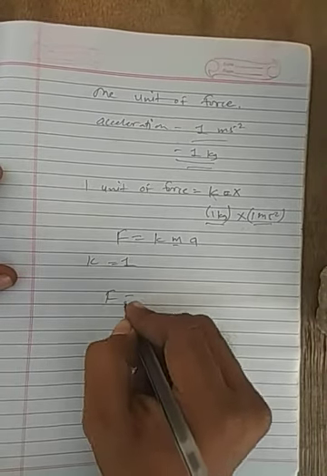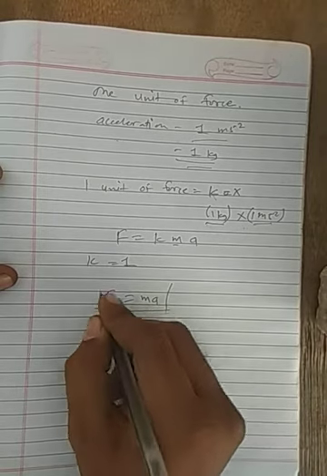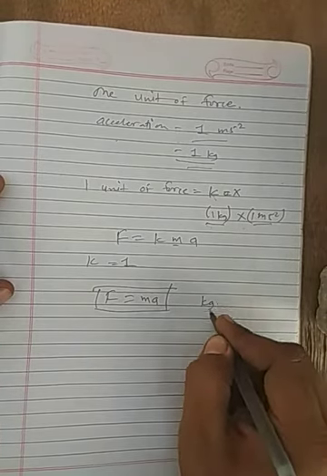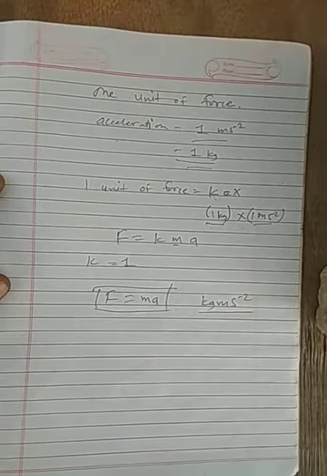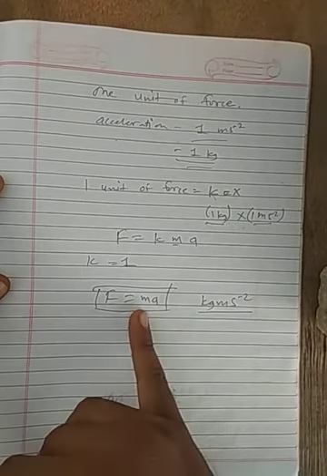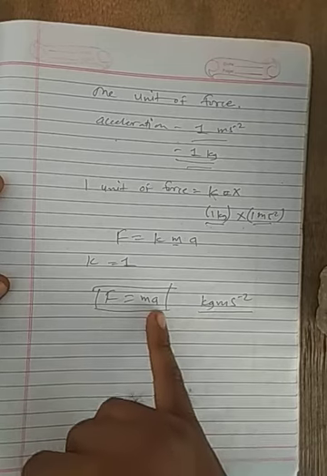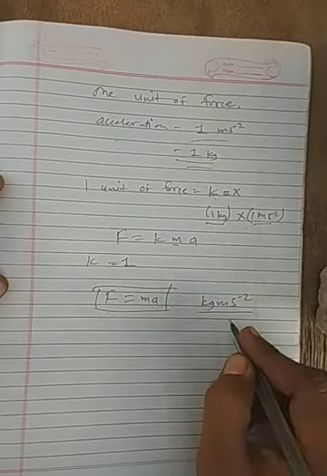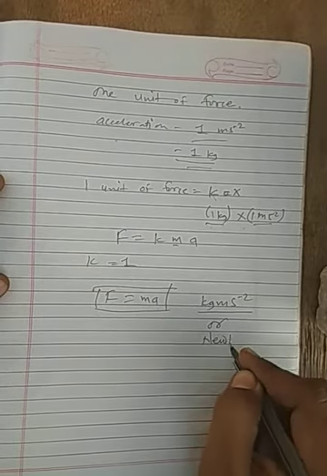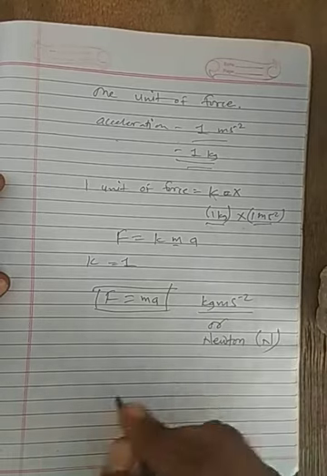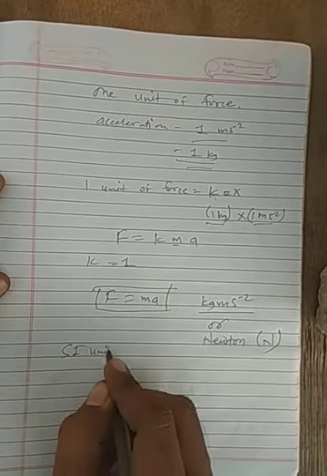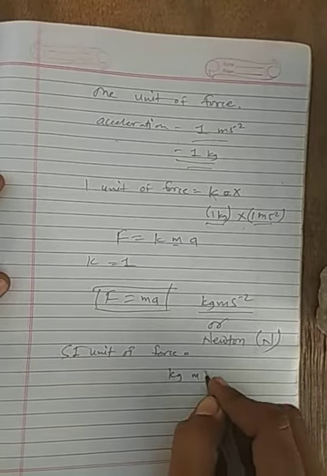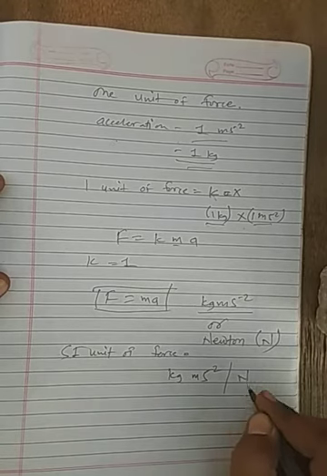So you can write it as force is equal to mass into acceleration. Here the unit of force will be kilogram meter per second square, because the SI unit of mass is kilogram and the SI unit of acceleration is meter per second square. This is also called Newton, which is denoted by N. So the SI unit of force is kg meter per second square, or Newton.